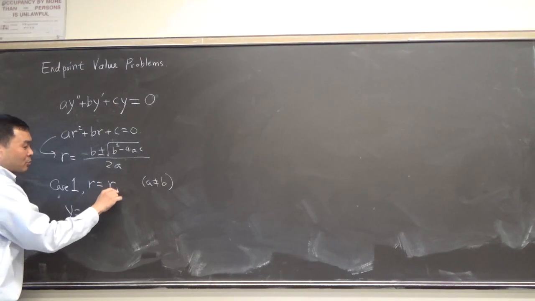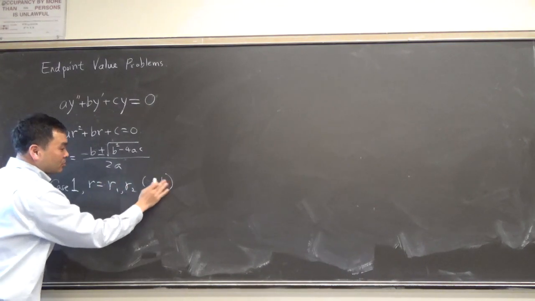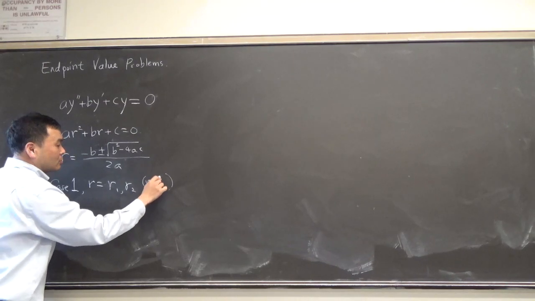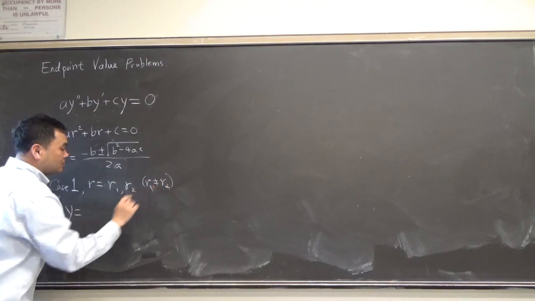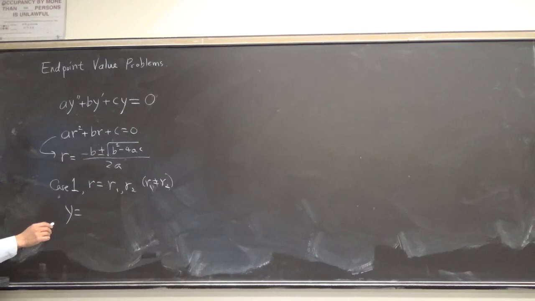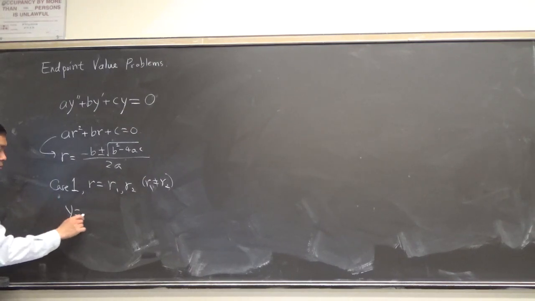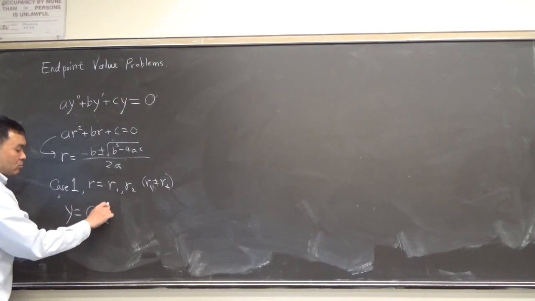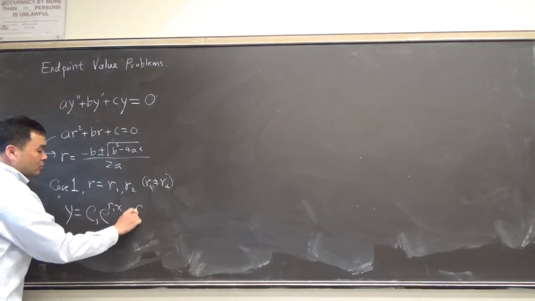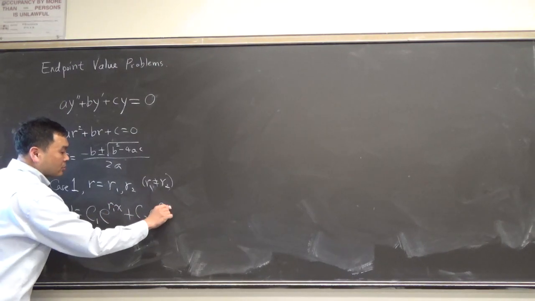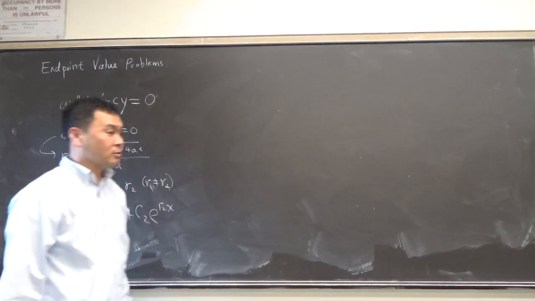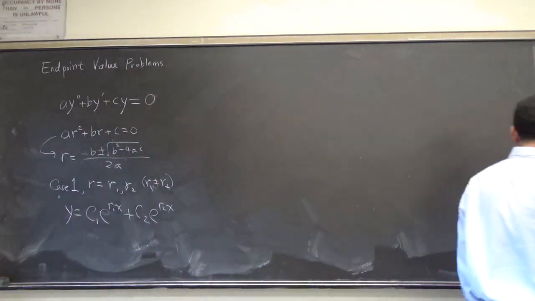Let's just say r1 and r2, okay? r1 is not equal to r2. So the solutions look like c1 times e to the r1x plus c2 times e to the r2x, right? That's the general solution.